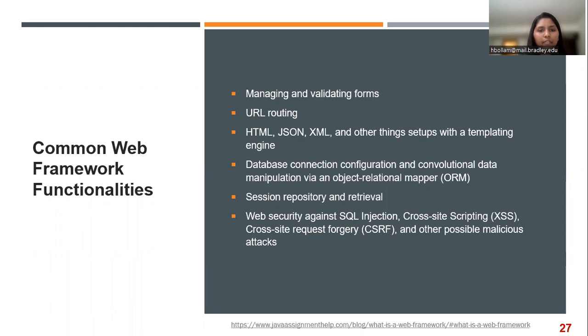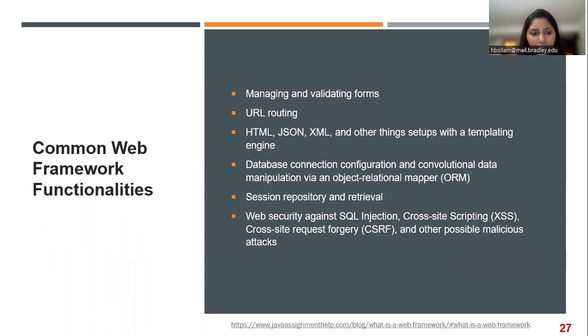So a web framework offers several different functionalities to help developers easily create a website. Here is a list of common web framework functionalities: managing and validating forms, and it supports a templating engine. That means it helps us to create a template based on a client request, for example, an HTML template or XML template.